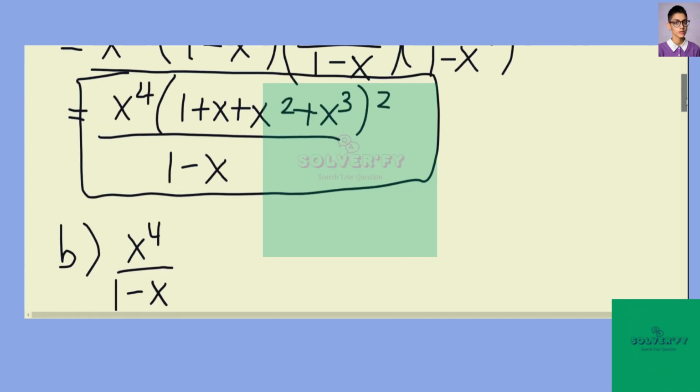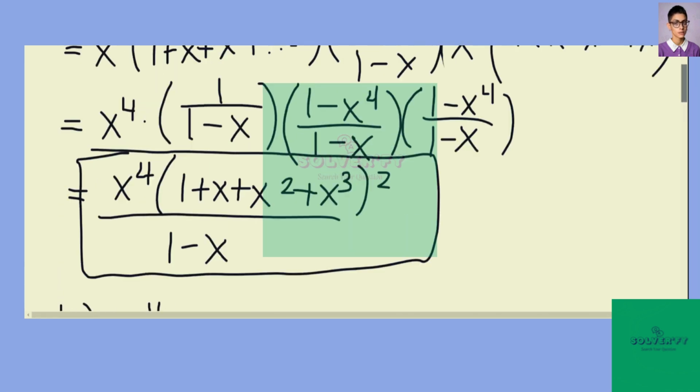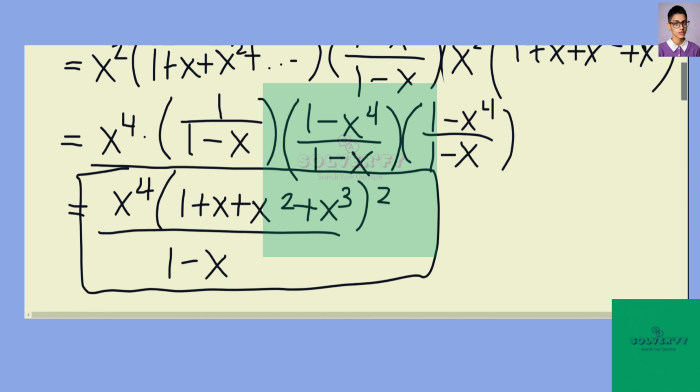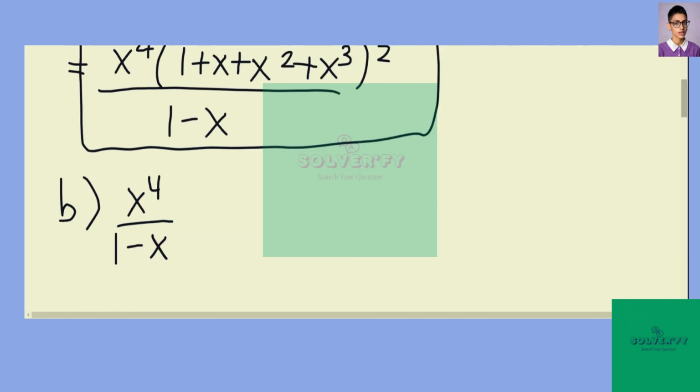So this is going to be x to the fourth over 1 minus x times 1 minus x to the fourth over 1 minus x squared.